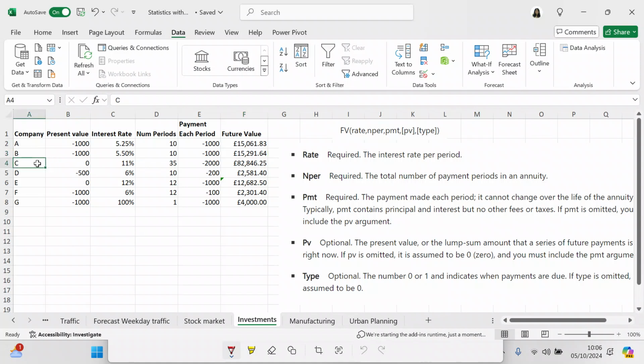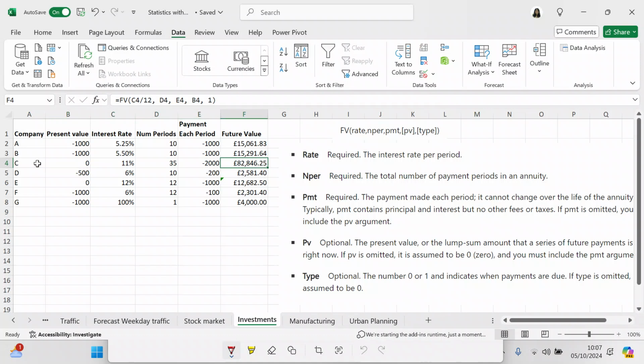So the next one is company C. So we're not going to put anything in it to begin with. It starts out as 0, has an interest rate of 11%. Number of periods is going to be 35. It's going to be £2,000 payment each period, and at the end of the period it's going to be 82,846.25.